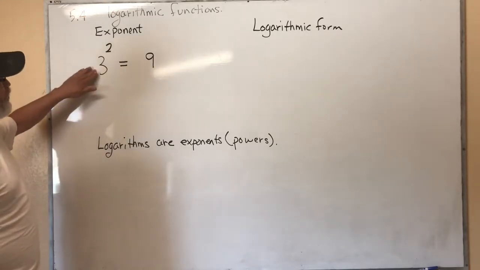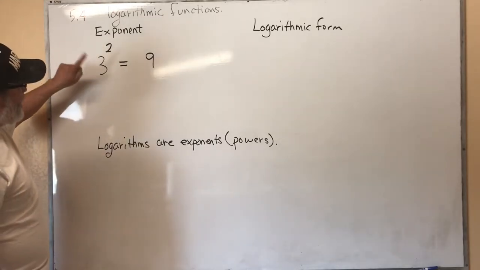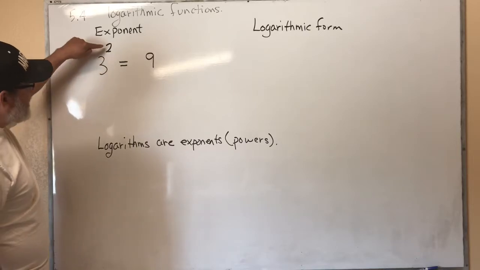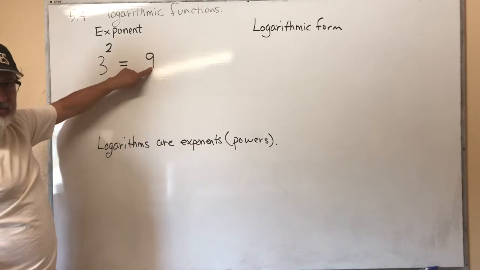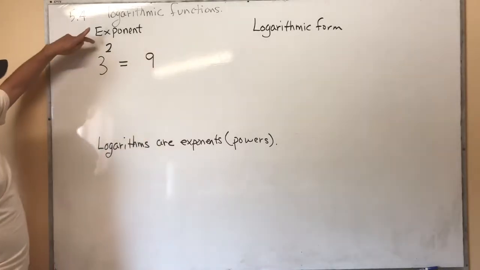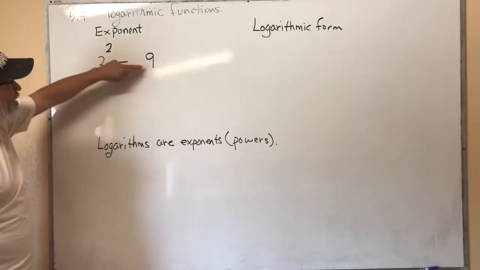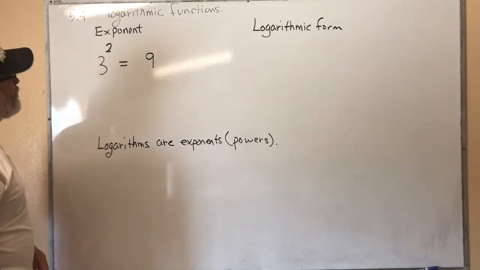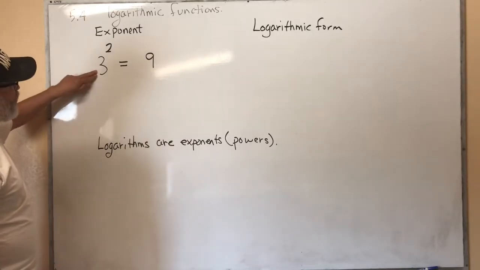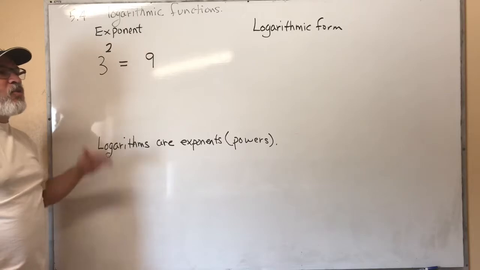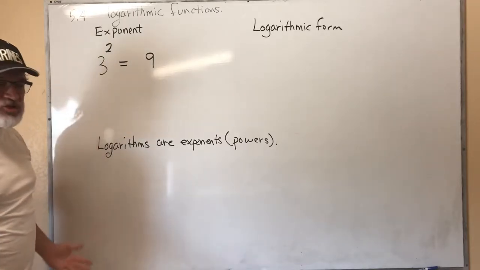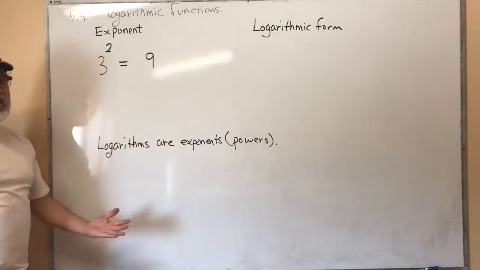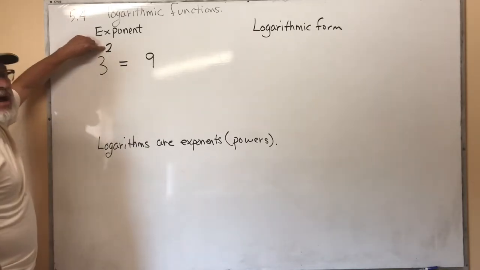If you look at this one, this is the base. That's the power. And call this a product if you want to. Base, power, and product. Between the 3, the 2 and the 9, which one is the power? 2 is the power.